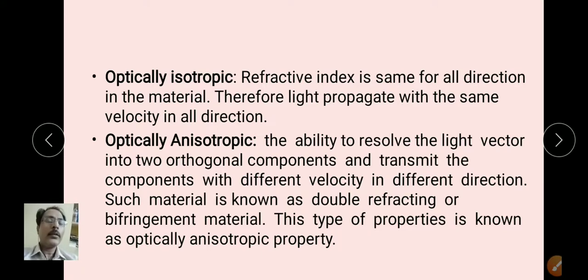In isotropic there is no change in refractive index, but in anisotropic the light vector gets resolved into two orthogonal components, and these are transmitted with different velocities in different directions. Such a property in the material is called double refracting or birefringent. We are going to talk about that type of material.